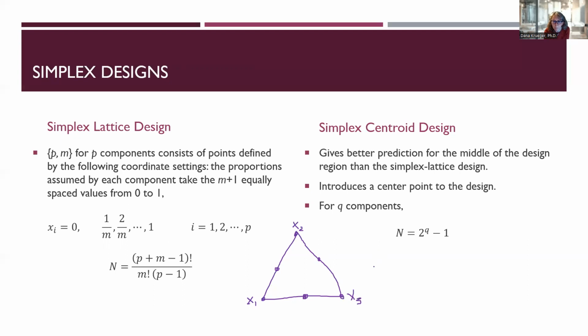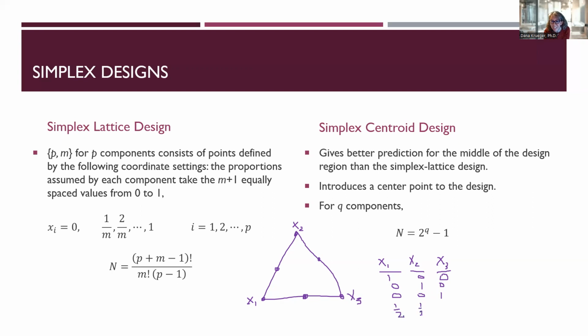And if we look at what they are, we'll have 1, 0, 0; 0, 1, 0; 0, 0, 1; 1/2, 1/2, 0.